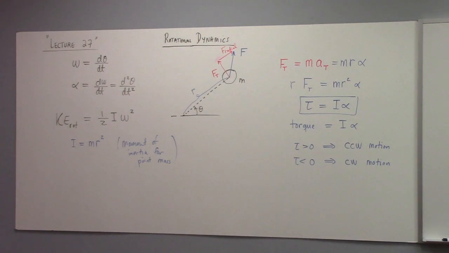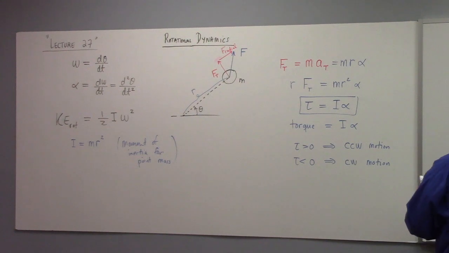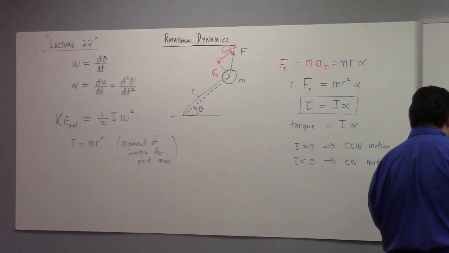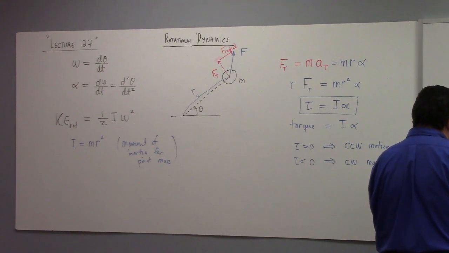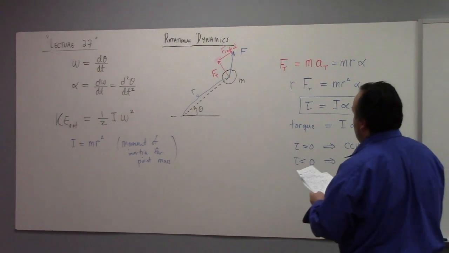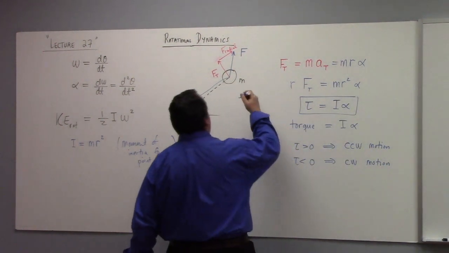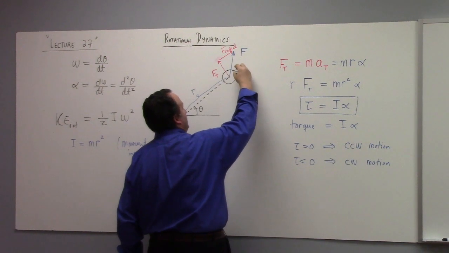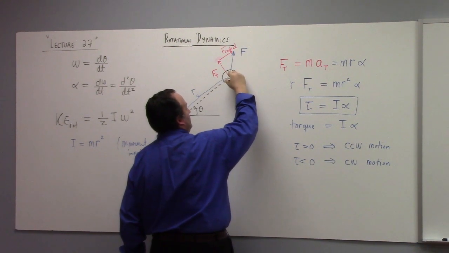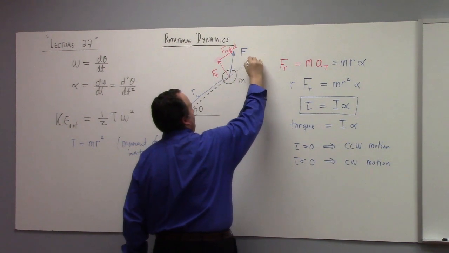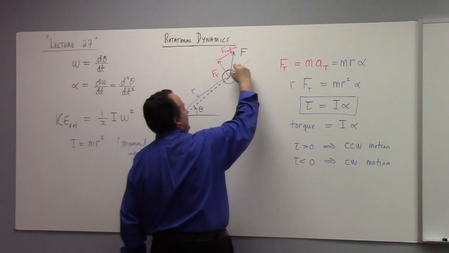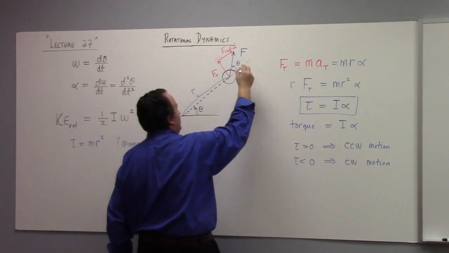So, let me give you an example. Interestingly, a lot of times you might want to talk about the angle here. And typically we measure the angle of F off the radial axis. So if this angle was, let's say, theta, what would Ft be?